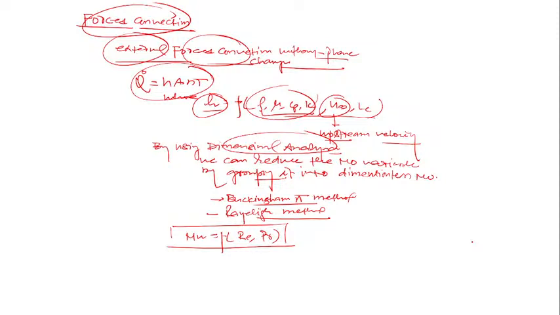Clear? Where Nu is the Nusselt number, Re is the Reynolds number, and Pr is the Prandtl number.